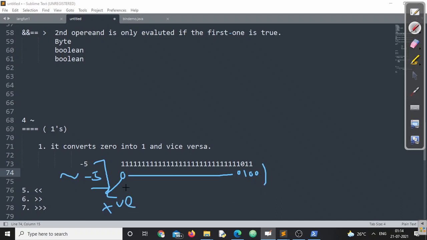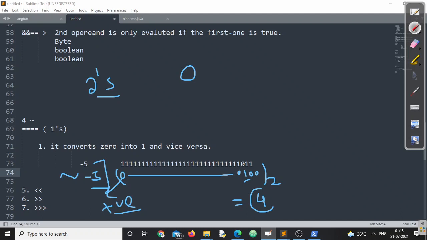So while converting a positive binary number into decimal, not 2's complement, what should I do? I should look for 1. While converting 2's complement form, I should look for the position of 0. While converting directly from binary, I should be looking at 1. So what will be the value? The value will be 4, right?